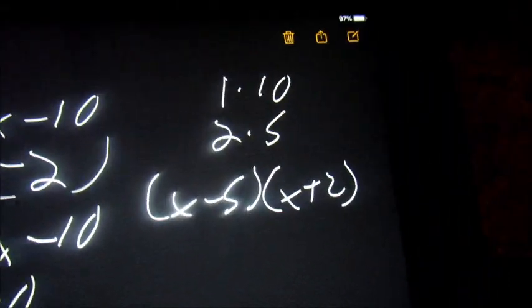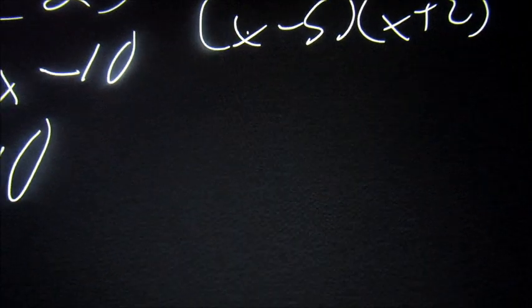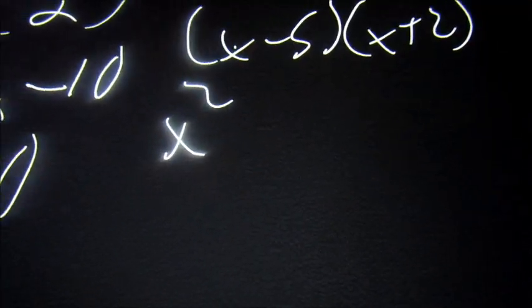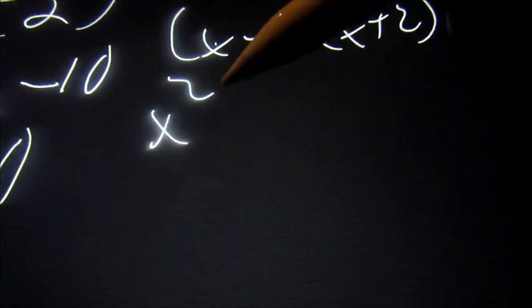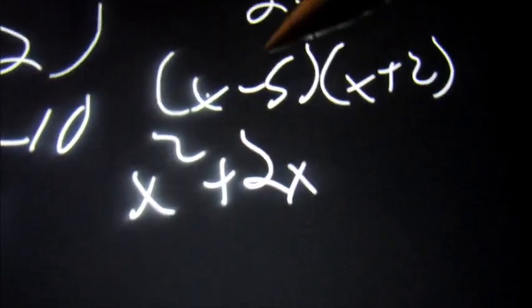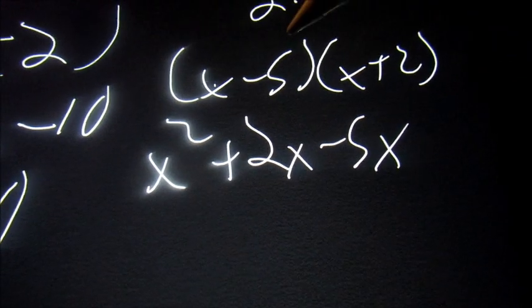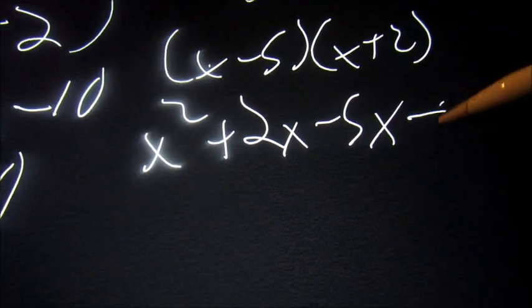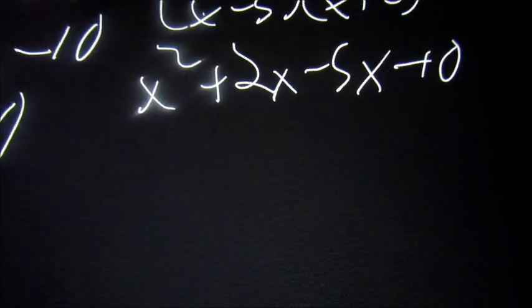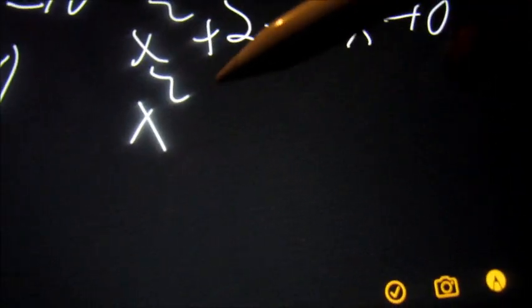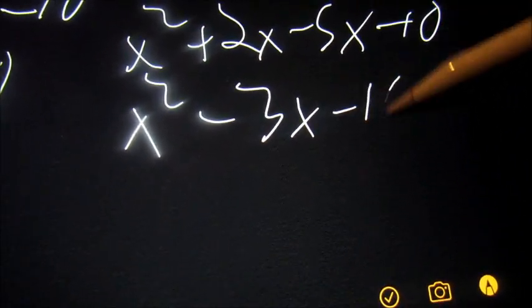On this one, where all I did was have the signs wrong, I have first is x times x, so x squared, outer, x times 2, so plus 2x, inner, negative 5 times x is minus 5x, last, negative 5 times 2, minus 10. Combine the like terms, x squared minus 3x minus 10.